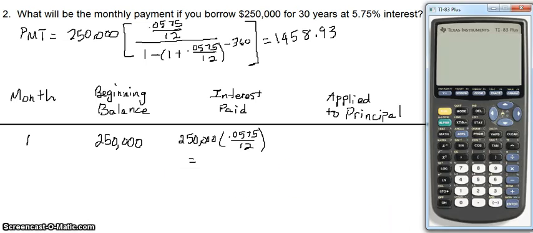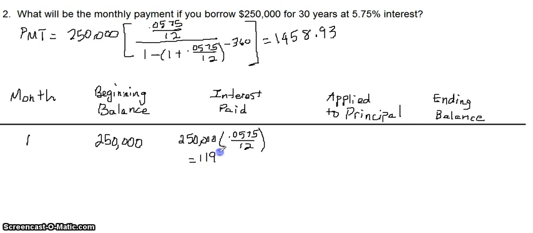If we do that on the calculator, 250,000 times 0.0575 over 12, we get 1197.92. So the first month we're paying $1197.92 in interest.